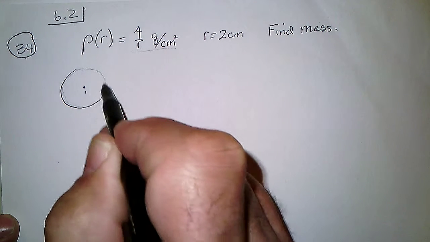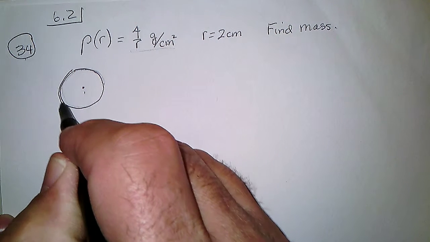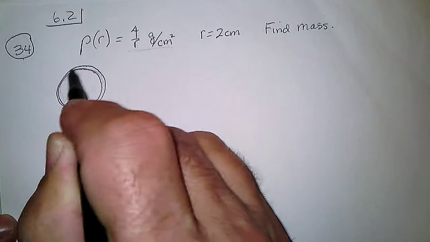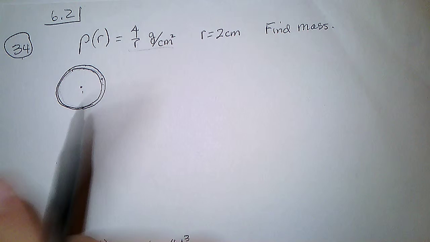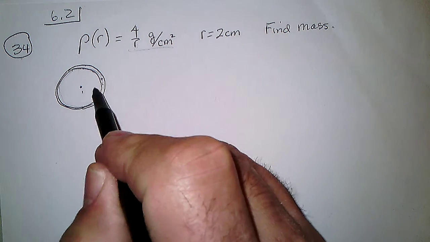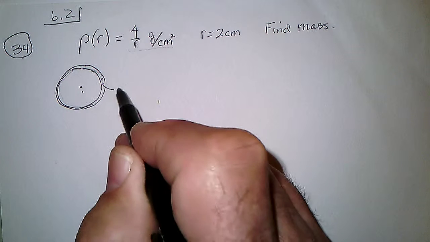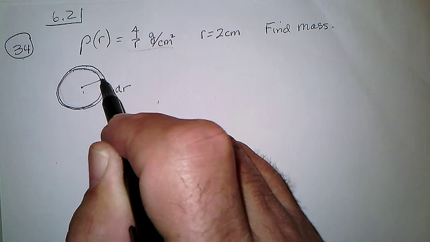So we're going to go out some distance and think about a small ring of area. This has no depth to it, it's just the surface. And the width of this ring is going to be dr because we're measuring out r.